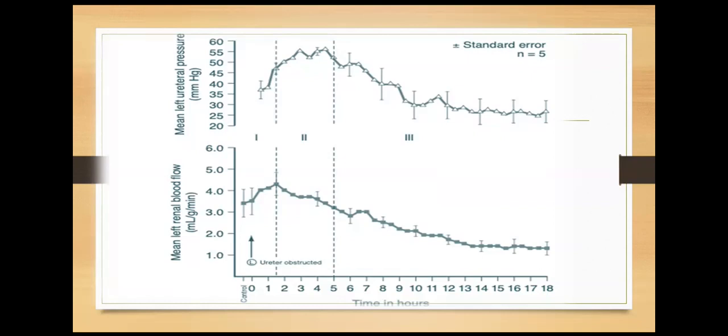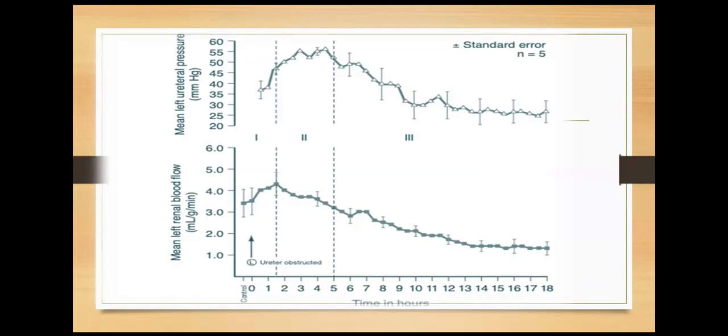And then after 90 minutes or so, GFR still maintains because of the contralateral kidney, but the change is that the mean ureteral pressures persist to go high, but then you get the mean renal blood flow coming down, and that is mainly due to the fact that past 90 minutes you get a vasoconstriction of your efferent arteriole. This is mainly because the vasoconstrictors are now secreted, due to the endothelium injury and the secretion of endothelin, and because it's inflamed, you get thromboxane, which is also a potent vasoconstrictor.